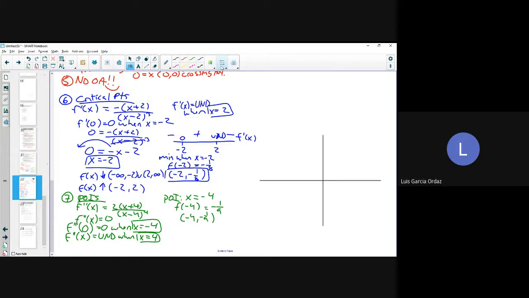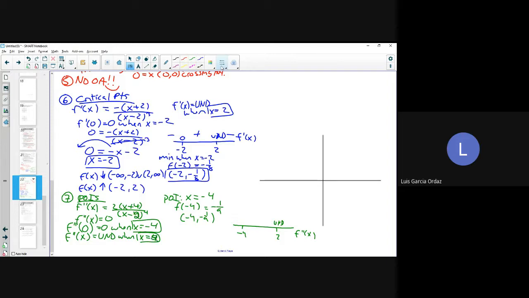Now I need to determine my concavity. So I have -4 and 2. This is undefined because of my vertical asymptote. And this should be 2. My apologies.